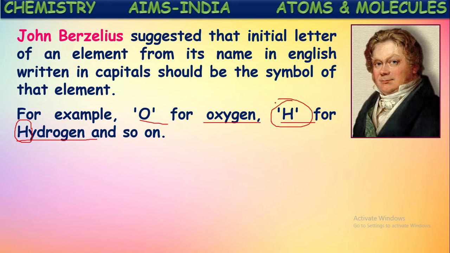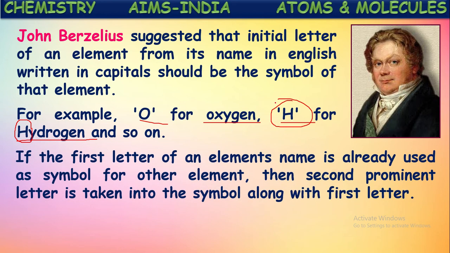Wherever you see H in chemical reactions, that H represents the element hydrogen. If you see O in chemical reactions, that represents oxygen. Got it? In this way, the simple forms for the element names are given. These simple forms or shortcut notations for the element names are called symbols.